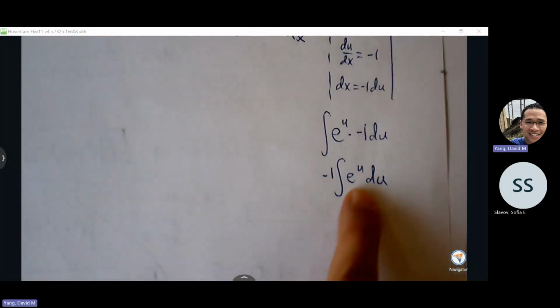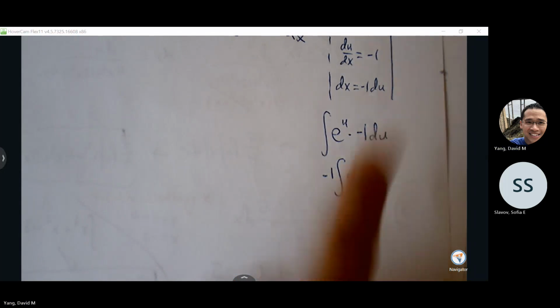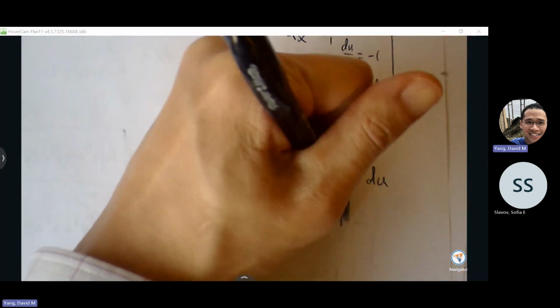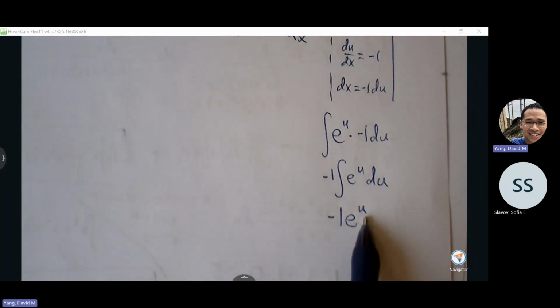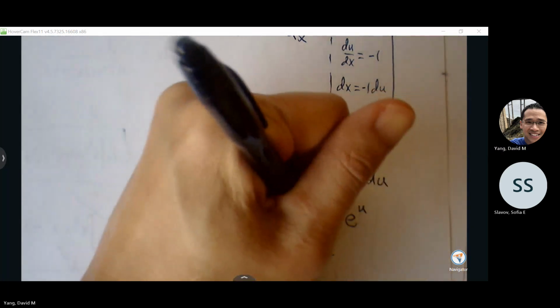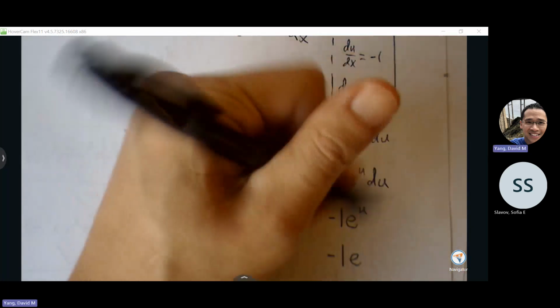What's the integral of e to the u? That's e to the u. So negative 1 times e to the u. I have my antiderivative, but now replace the u back in terms of what? So u gets replaced with negative x.